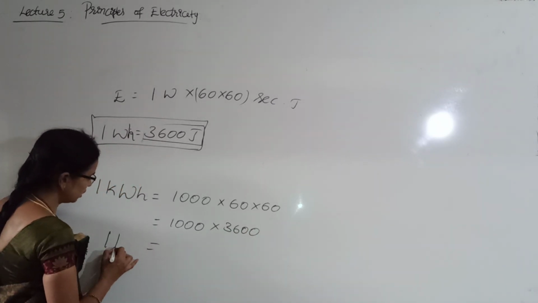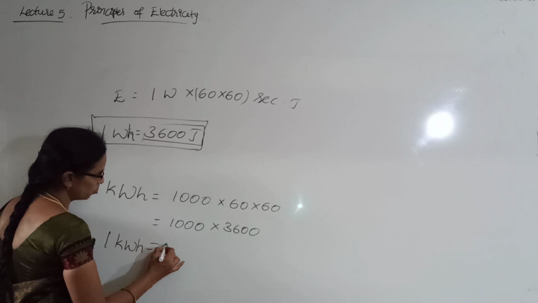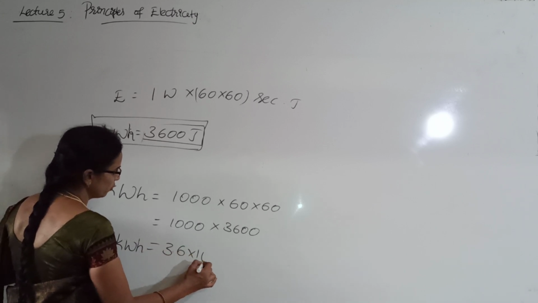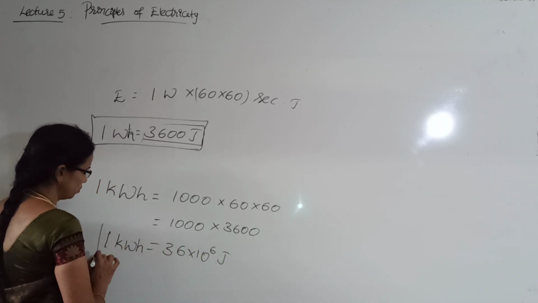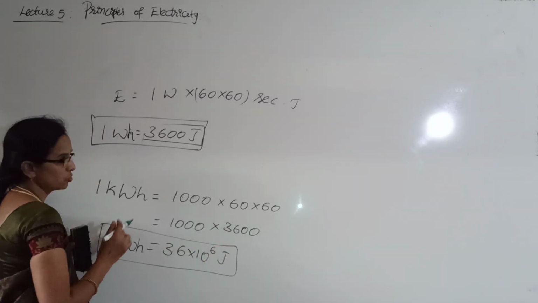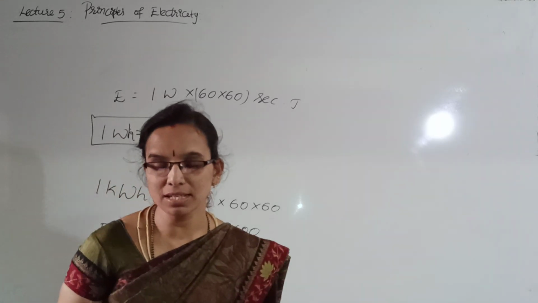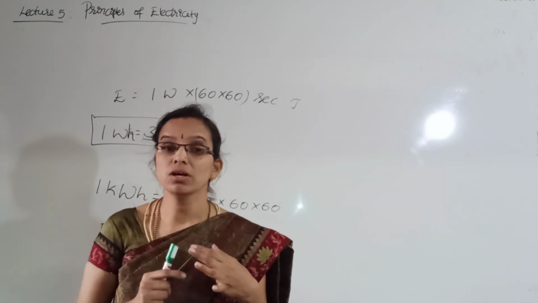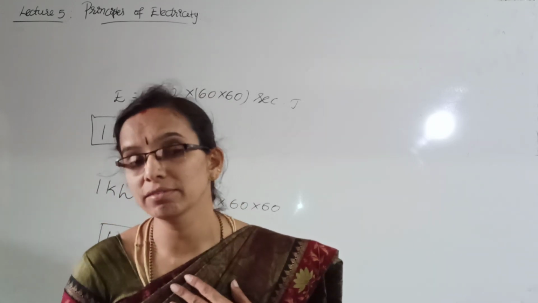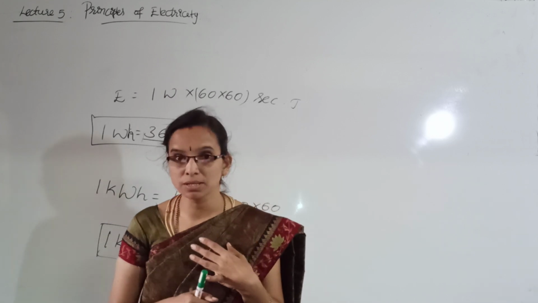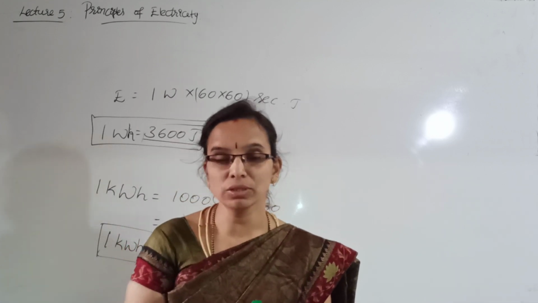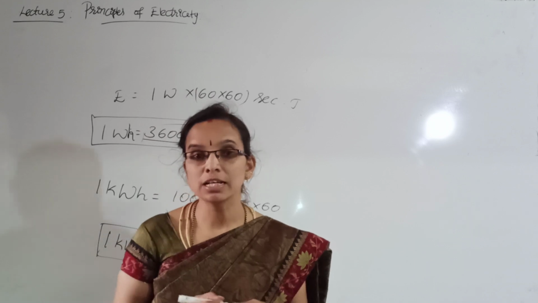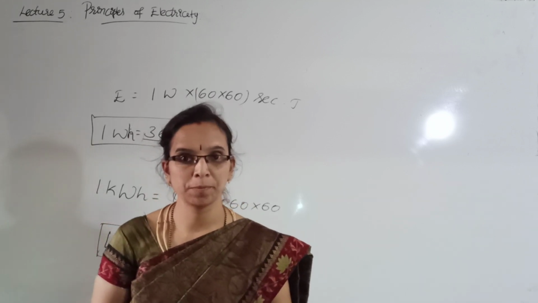So 1 kilowatt hour is equal to 3.6 into 10 to the power of 6 joules. So watt second is a very small unit, so we calculate watt hour, in the sense 3600 joules. 1 kilowatt hour is equal to 3.6 into 10 to the power of 6 joules.